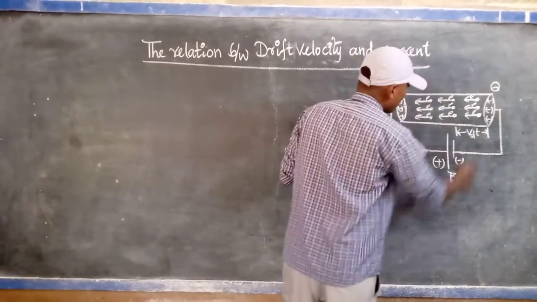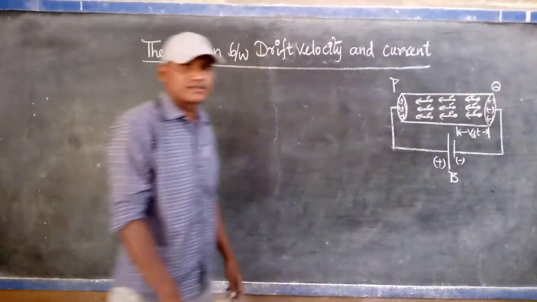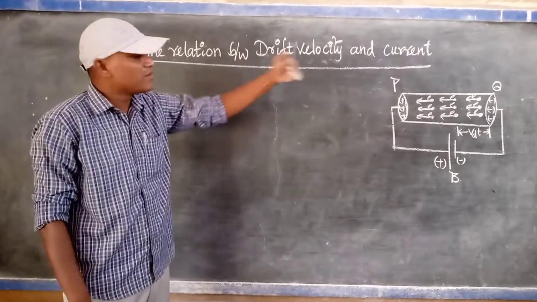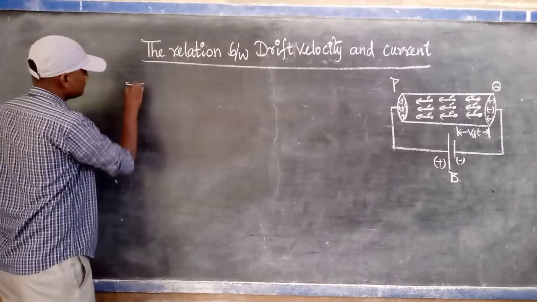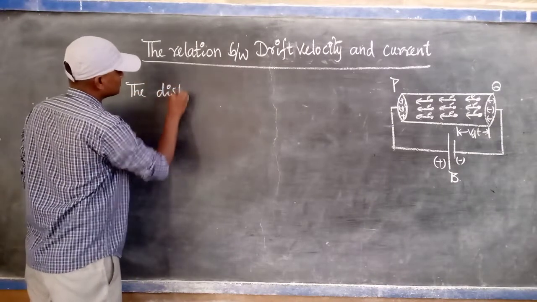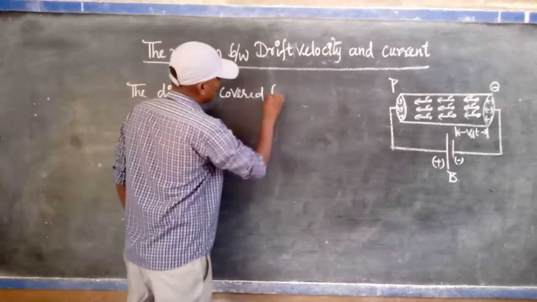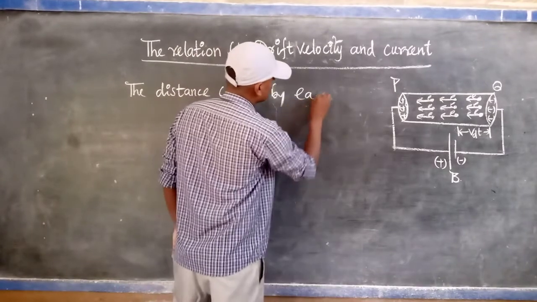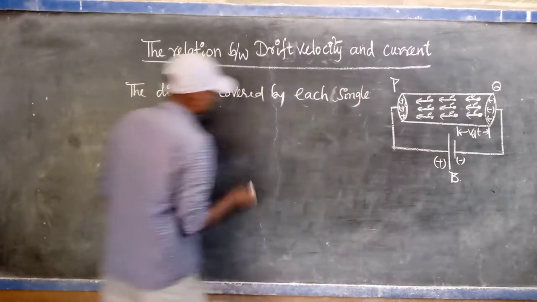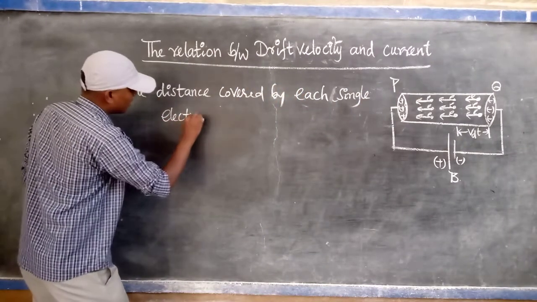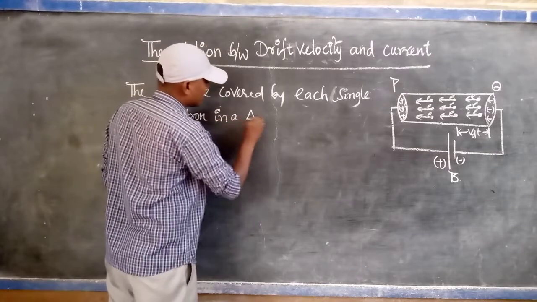Anyway, now electrons are set into the motion, which means they cover certain distance. In every unit interval of time, during its motion, they cover certain distance. The distance covered by each single electron in a delta t time.